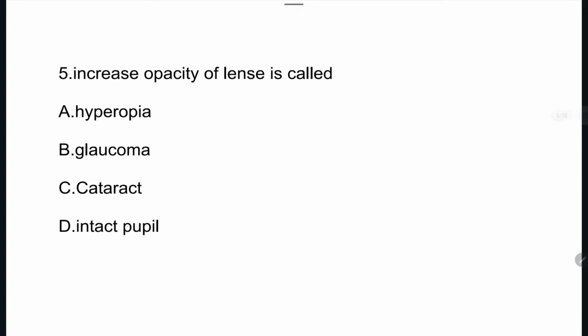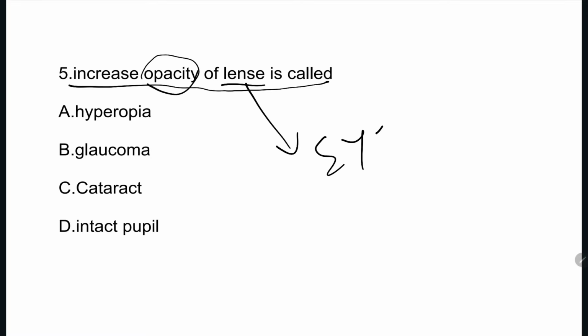The next one is increased opacity of lens. So lens is nothing but the eye lens. Okay, the lens which is present in the eye. Option A, hyperopia. Option B, glaucoma.